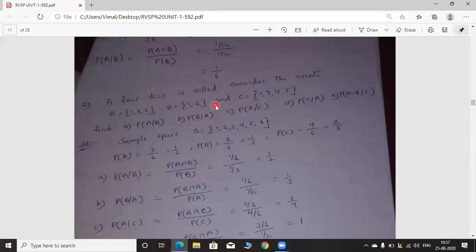Yes, there is one common element for the events B and C. What is the common element? 1. 1 is the only one common element which is present for B and C. So probability of B intersection C can be written as 1 by 6. Okay, one common element is present for both events B and C. We have 6 possible outcomes for the sample space. 6 possible outcomes for this random experiment. So you have to write 1 by 6.